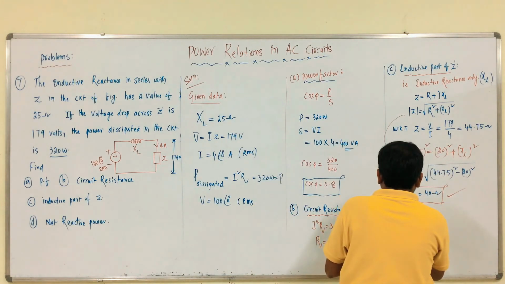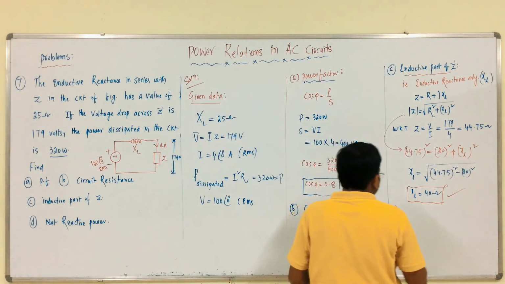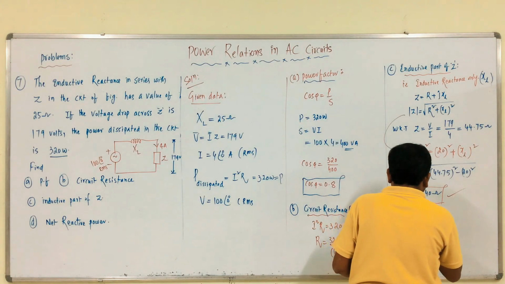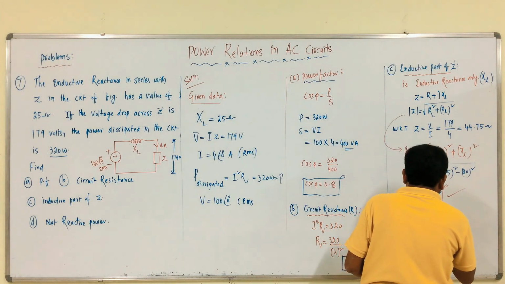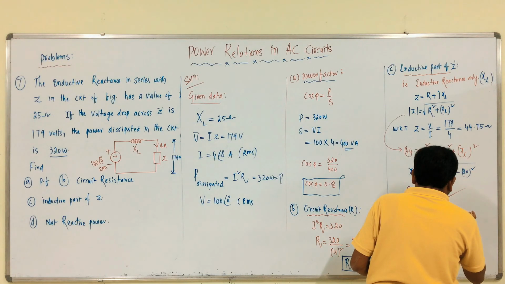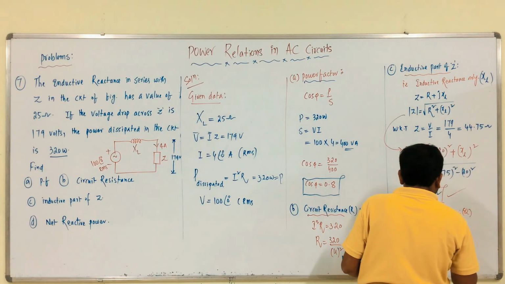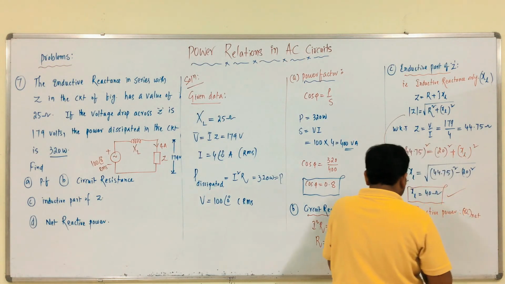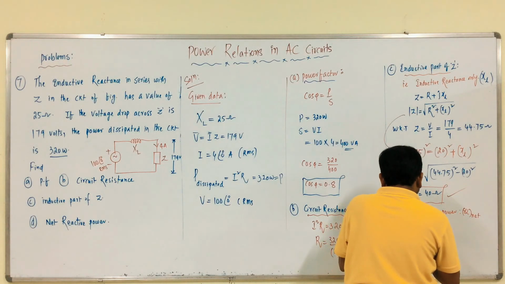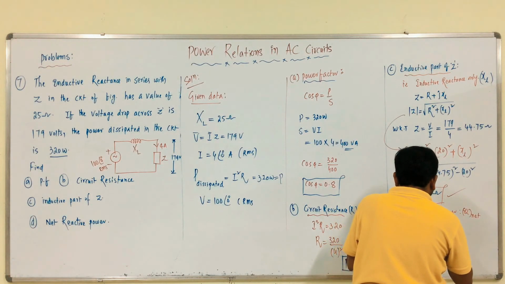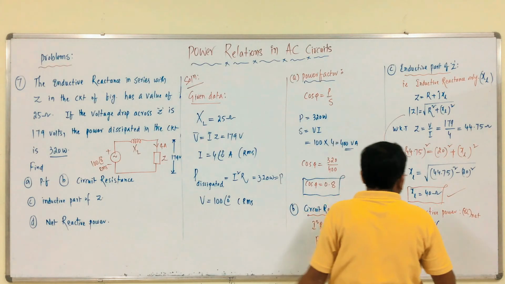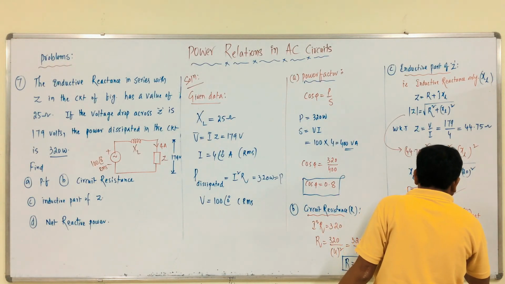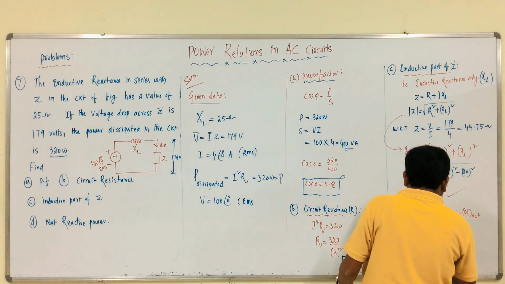Next, part D, that is net reactive power, Q net. Q net is nothing but I square into capital XL plus small xl. I square is what?